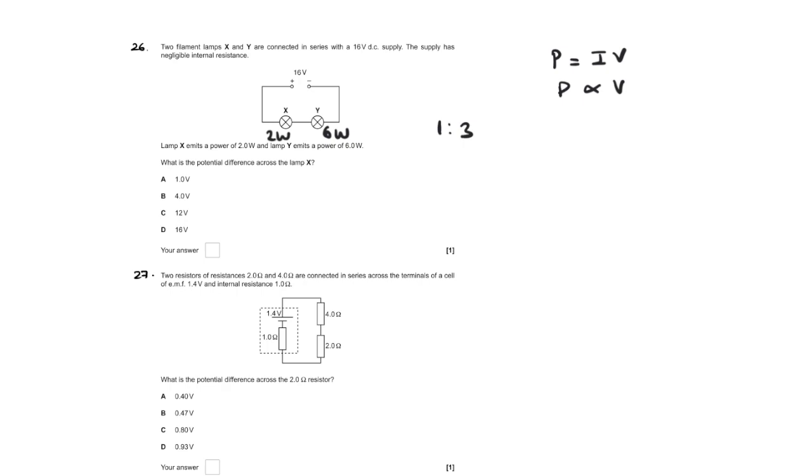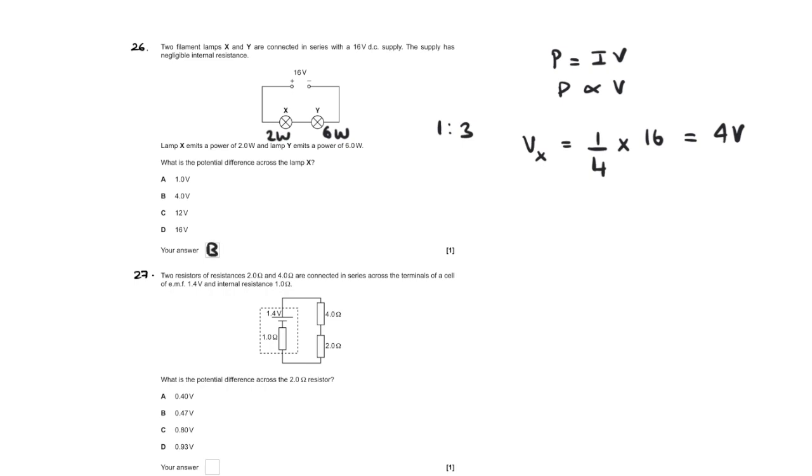So the voltage across X will be a quarter of the total voltage, which is 16, and that would be just 4 volts.